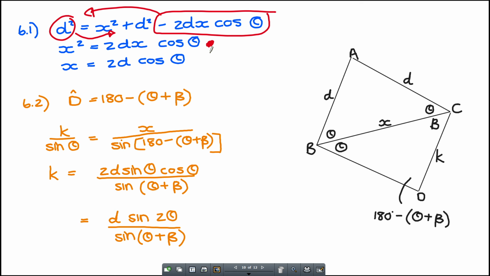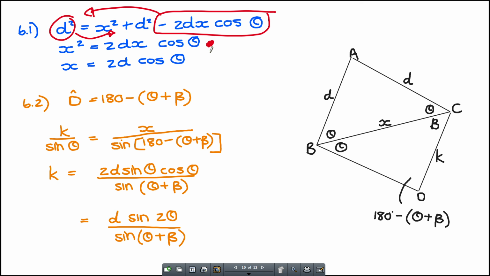Right. Now take this, so that's the positive 2dx cos theta. Take this to that side, it will become minus d squared. So I have x squared plus d squared minus d squared. So the d squared minus d squared will cancel each other out, and that's why I only have x squared left. So actually these two must be written like that, but it's the same thing. Are you fine?